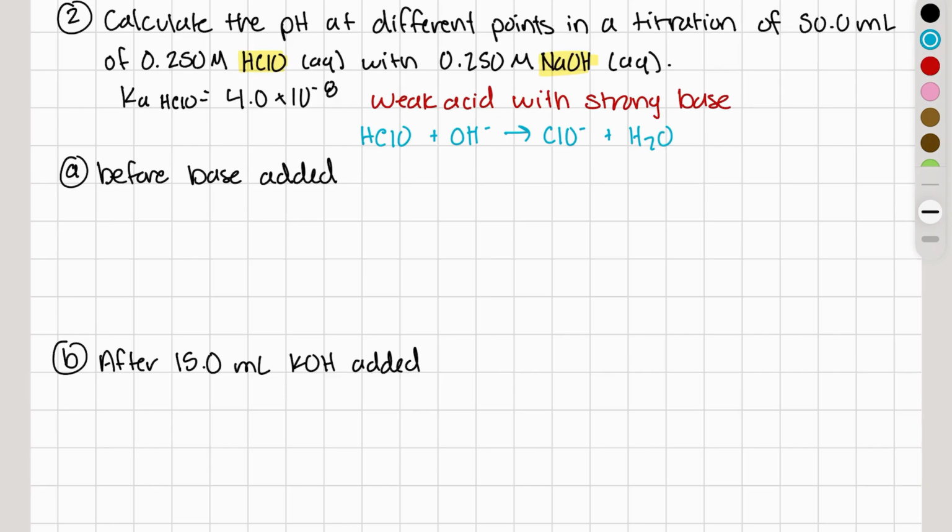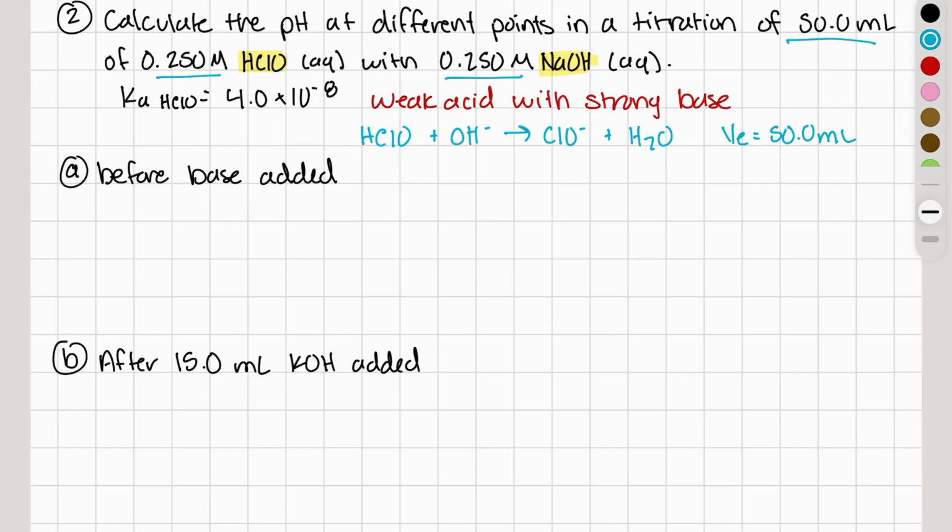And then to find VE, I'm going to do the same thing. M1V1 equals M2V2, and I'll find that VE equals 50.0 milliliters. A little shortcut you can see is that since these concentrations are the same, then our volume has to be the same for VE.